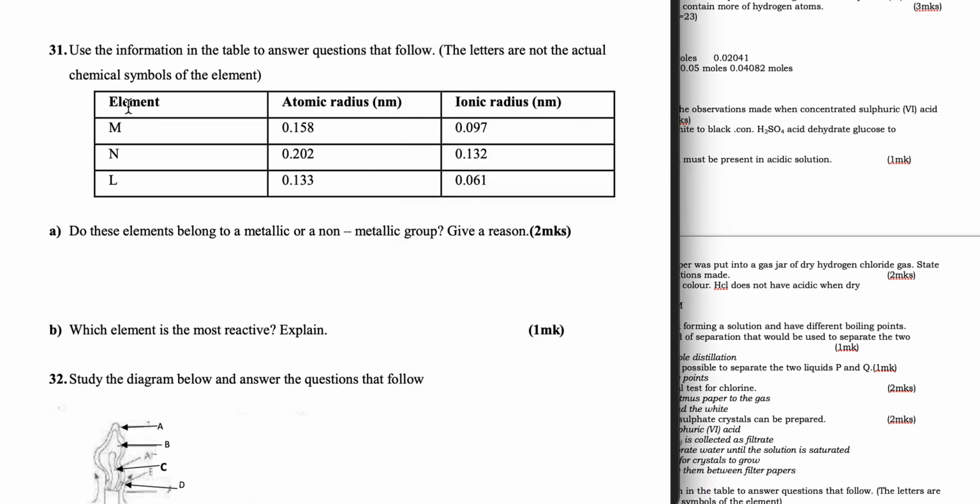Question 31. Use the information in the table to answer questions that follow. The letters are not the actual chemical symbols of the element. Element M, atomic radius, ionic radius. Elements M, N, and L: do these elements belong to a metallic or non-metallic group? Give a reason.